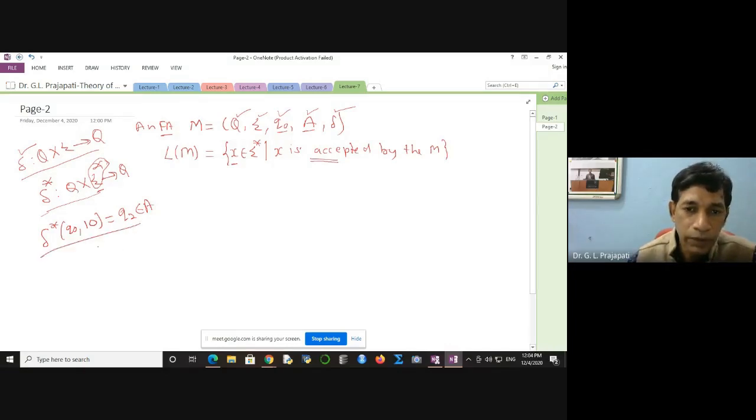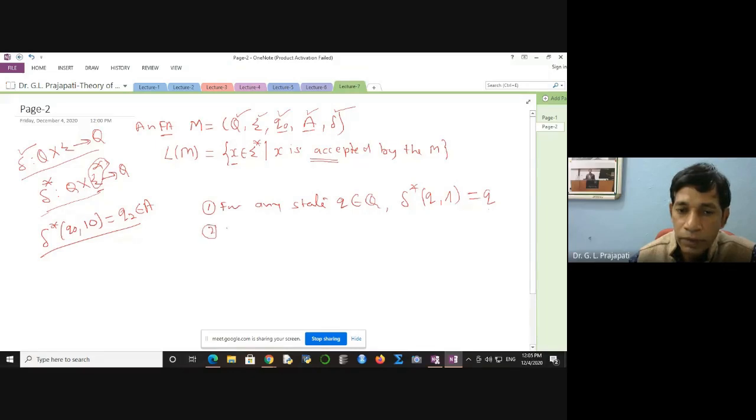How would you know this? For knowing this, you can define it recursively. For any state q belonging to Q, delta star of q and null is q. This means if you are at any state and you receive the null string, you remain in the same state.